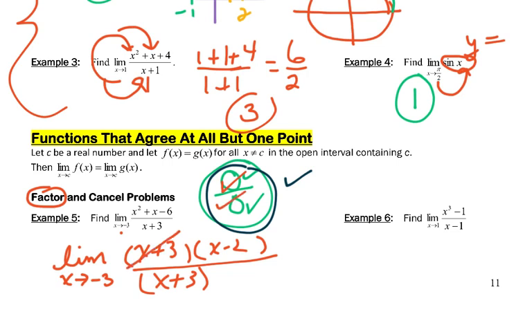So I knew x plus 3 had to be on the top and on the bottom. The minute I cancel that, I've created an equivalent function that agrees with the original everywhere except at -3.